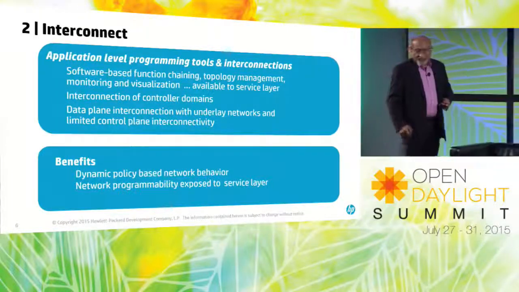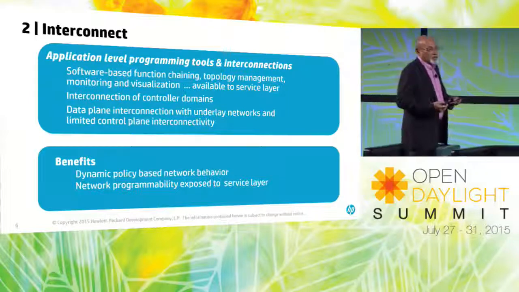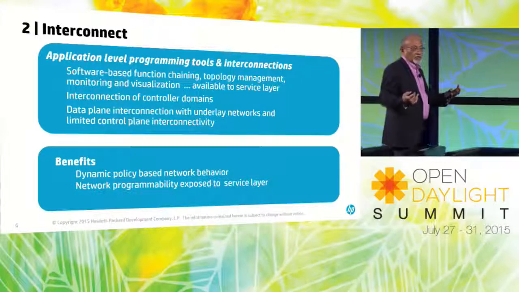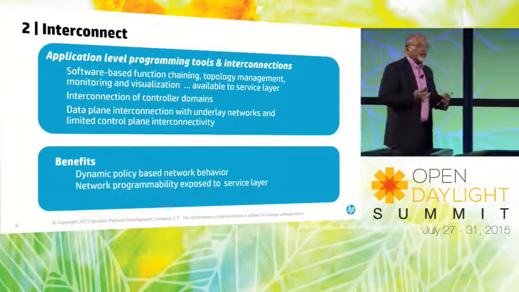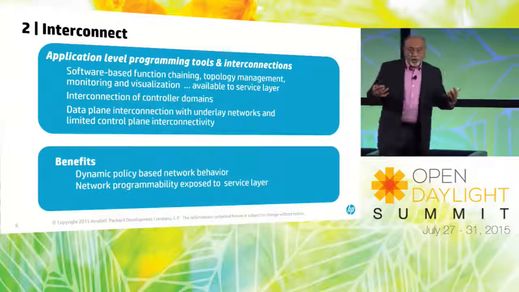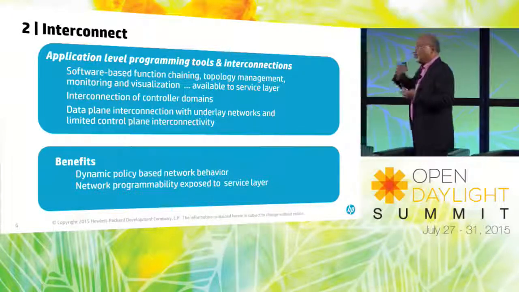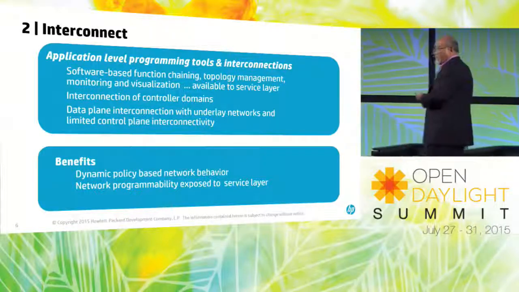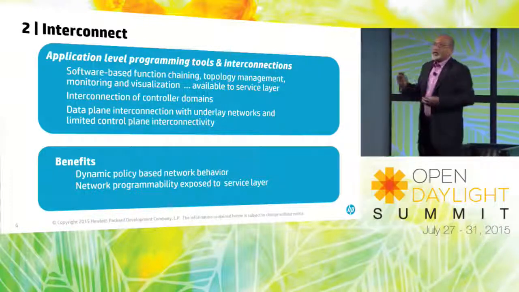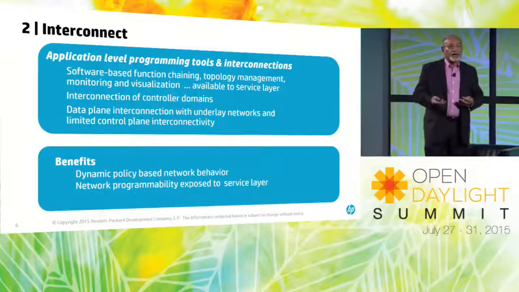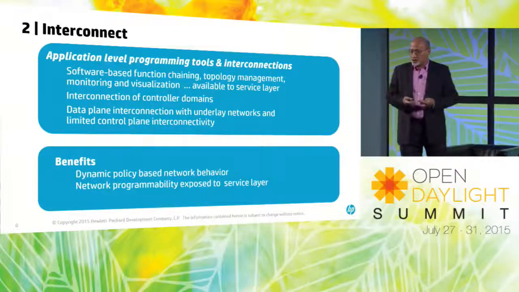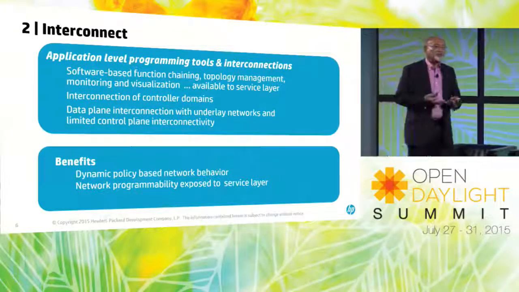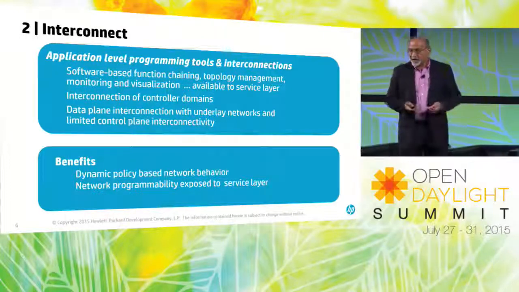The next phase is where you start to do things which allow you to interconnect various things. So at one level, you're able to now do things like chaining, so you're connecting functions together. You're able to add other application-friendly tools, topology management, monitoring and visualization of what the network is doing.